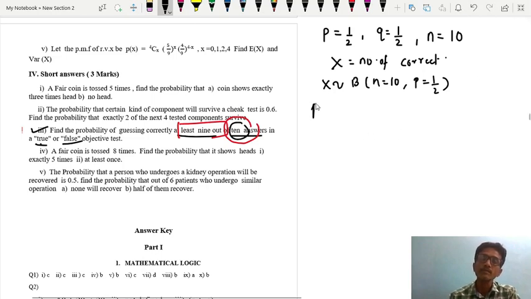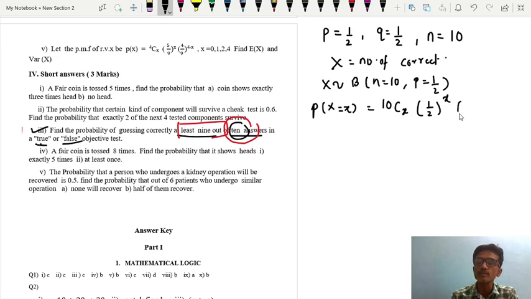P of x is equal to nCx, that is 10Cx. P is 1 by 2 raised to power x, and Q is 1 by 2 raised to power n minus x, n is 10, so it is 10 minus x.